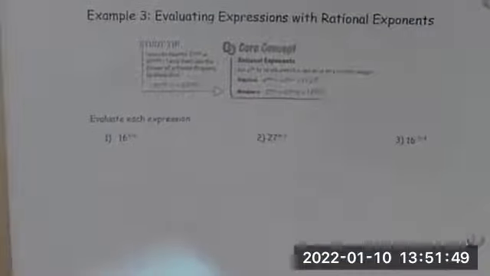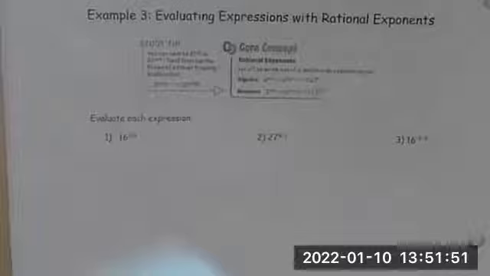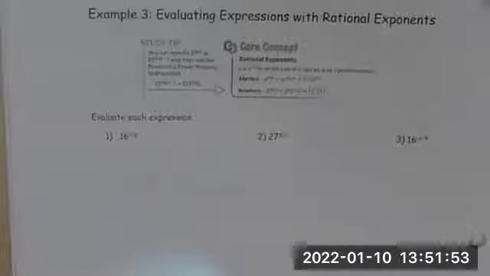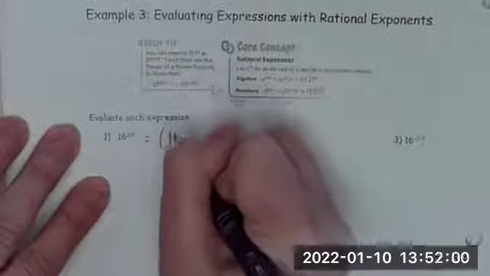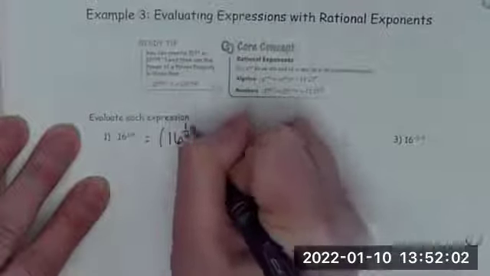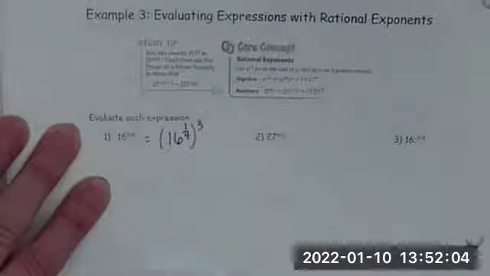Okay, so let's now take a look at example 3. We now have 16 to the 3/4. Well, remember, that's the same as saying 16 to the 1/4 to the 3rd power.